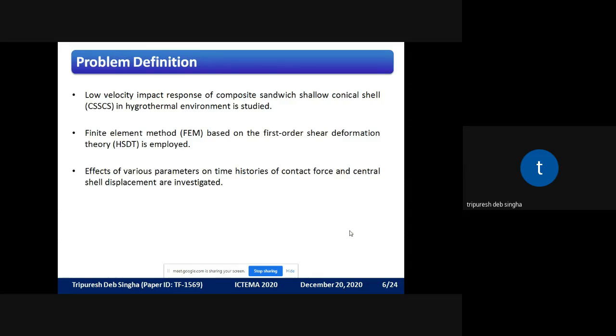It is seen that in the literature there is very limited work done on low velocity impact on sandwich construction, particularly in the hygrothermal environment. So in this work, a finite element formulation is to be developed using the first order shear deformation theory, a very popular structural theory. Various parametric studies are done, and particularly the time histories of the contact force and the central shear displacement will be studied.